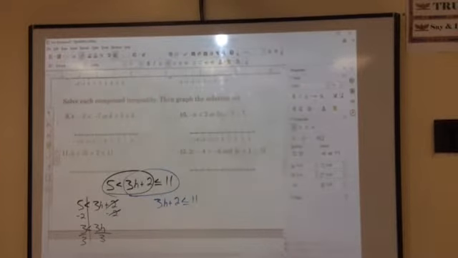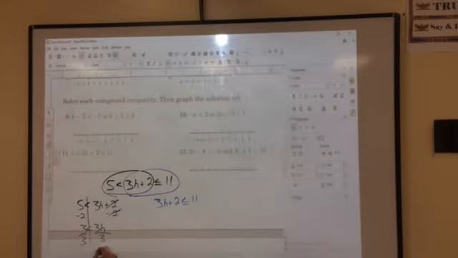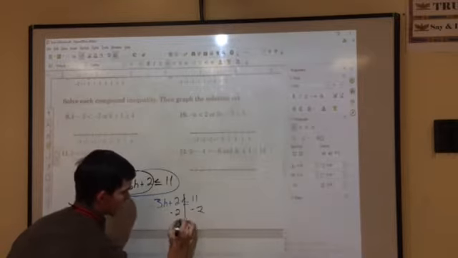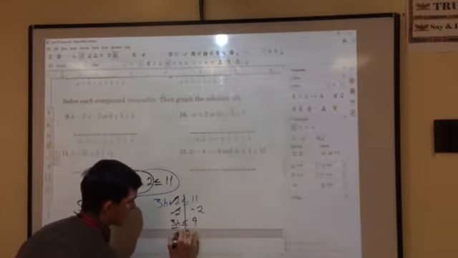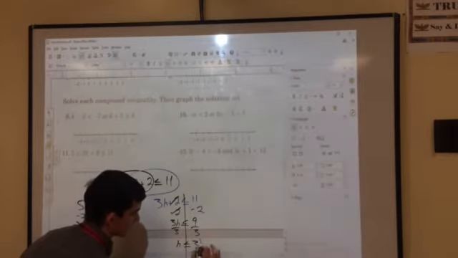Okay, so divide by 3, so you end up getting h is greater than 1. Now this one right here, order of operations, subtract 2. 3h is less than or equal to 9, divide by 3. H is less than or equal to 3.